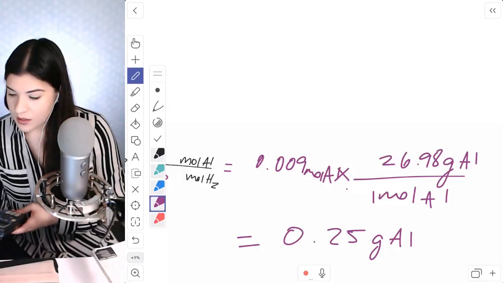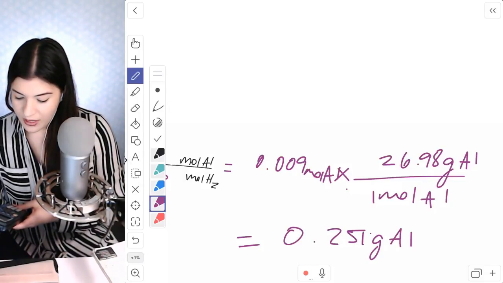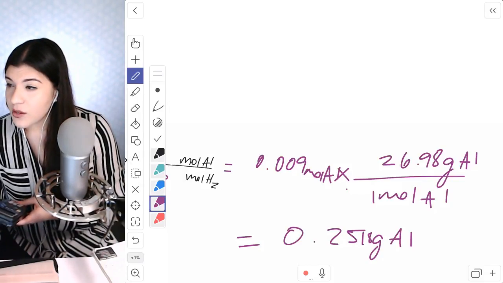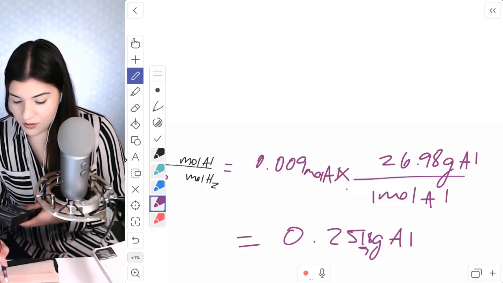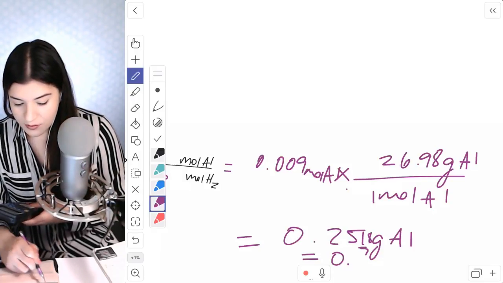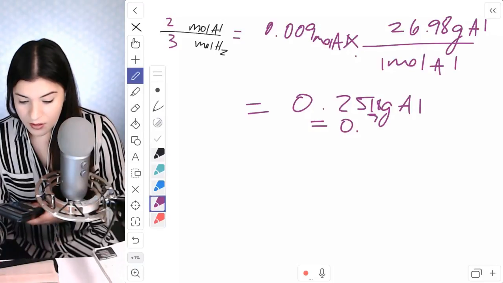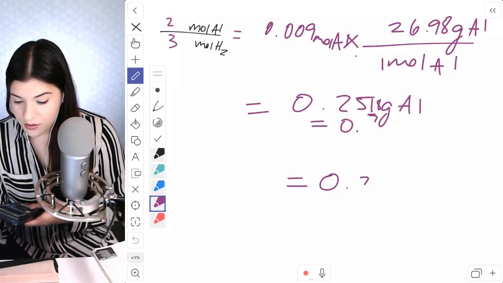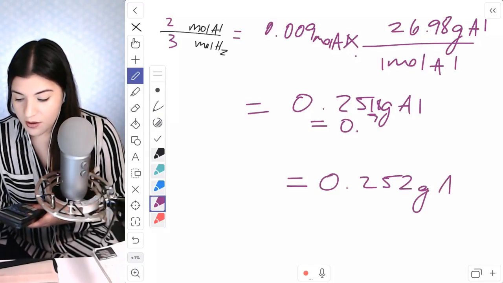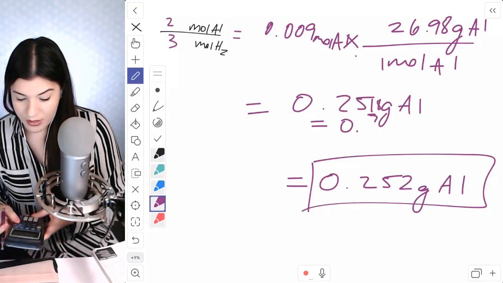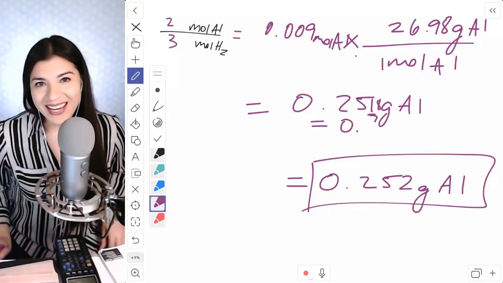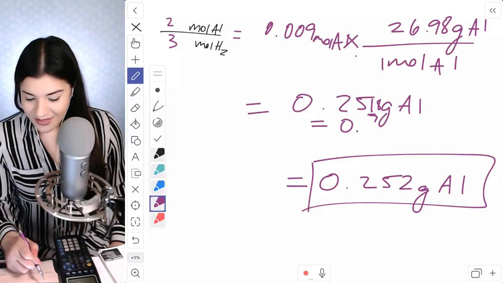I'm actually going to add a couple more, so this would have been 0.2518. They want 3 sig figs, so I'll round up. This really gives us 0.252 grams of aluminum, and that would be our final answer for that.